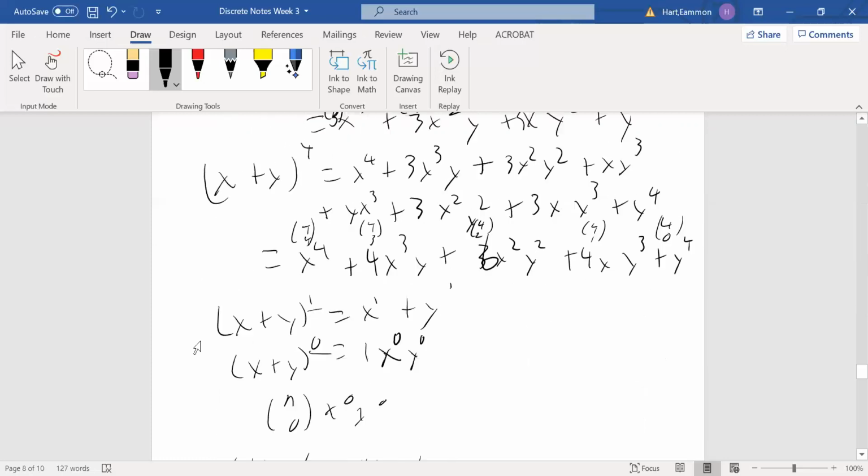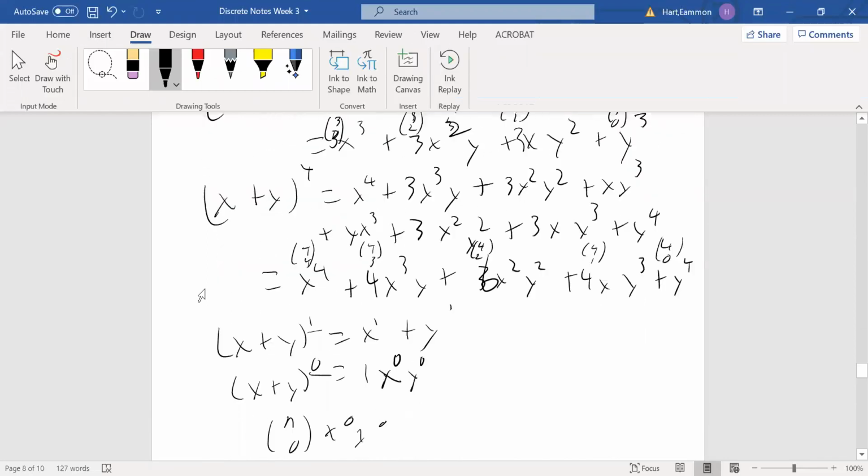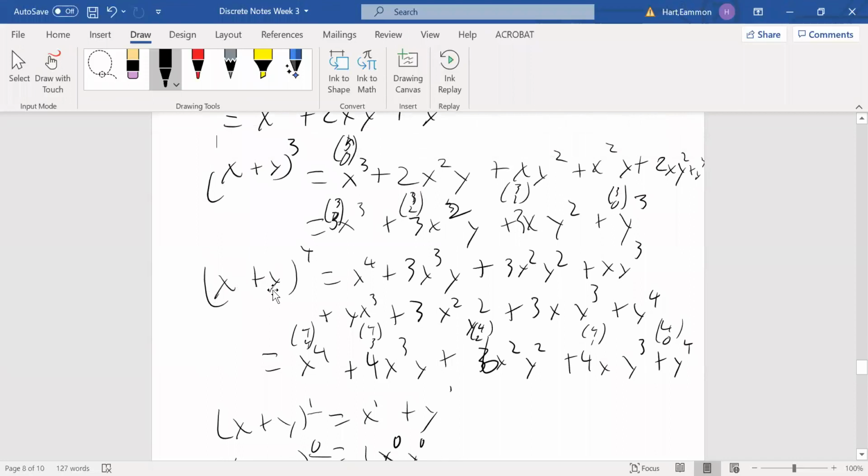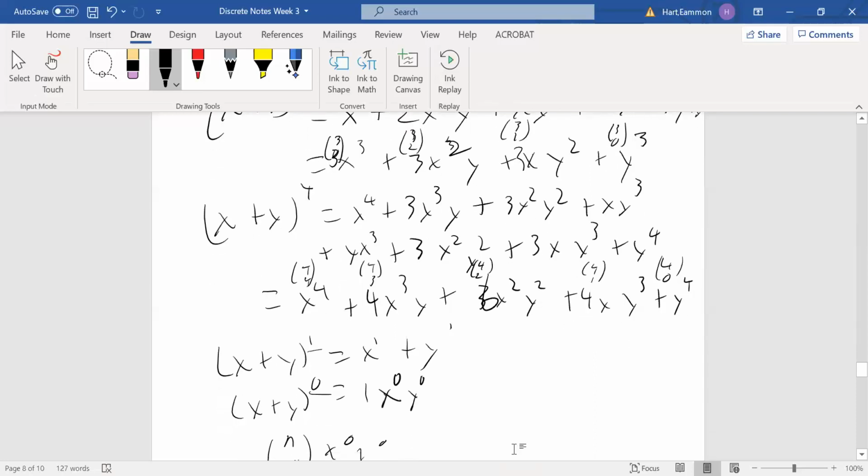And it turns out that that's always going to be the case. That is the binomial theorem: if we have x plus y to the n, it follows the formula that x plus y to the n is equal to the sum of n choose k of x to the k times y to the n minus k.